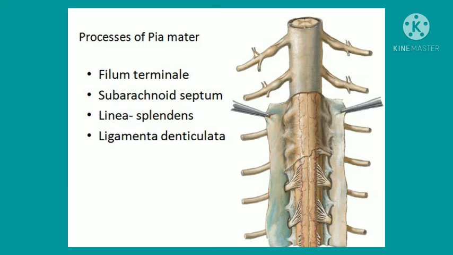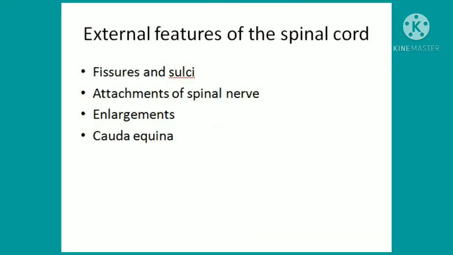The lateral margin of each band presents 21 tooth-like processes which pierce the arachnoid mater to be attached to the inner surface of the dura mater between the points of emergence of the spinal nerves. The ligamenta denticulata help to anchor the spinal cord in the middle of the subarachnoid space.